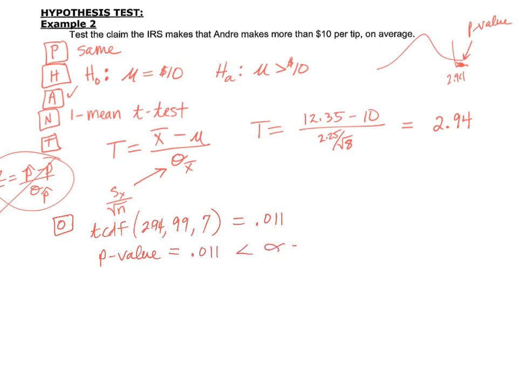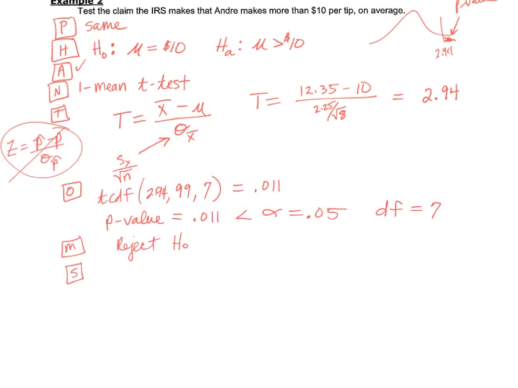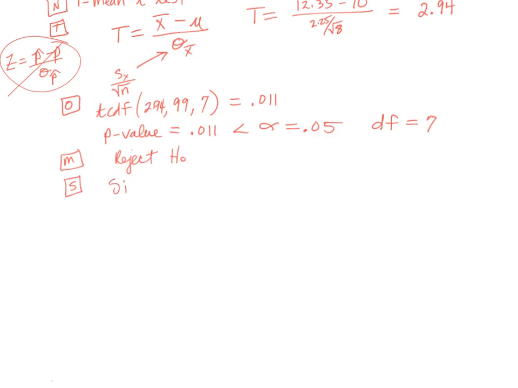That is less than alpha of 0.05. And we did that with degrees of freedom 7. So remember, M is to make a decision, and we will reject H-O. So now S is our conclusion, and we say, since 0.011 is less than 0.05, I reject H-O. And then what do I say?